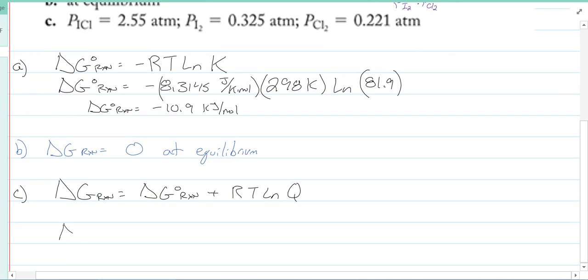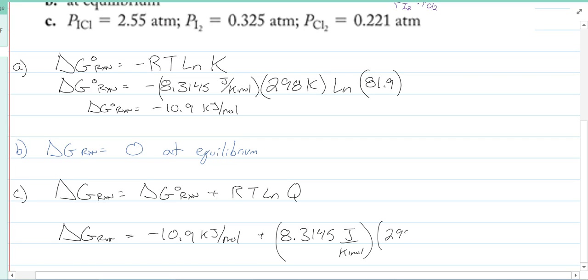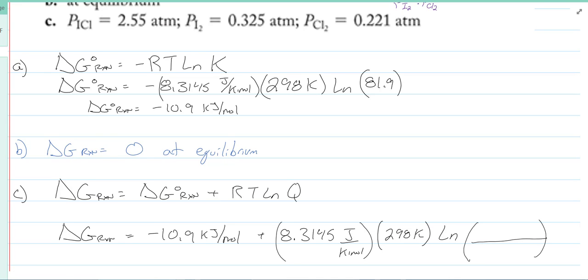We're looking for delta G of the reaction, and that'll be negative 10.9 kilojoules per mole for delta G standard, plus 8.3145 joules per Kelvin mole times our 298 Kelvin times the natural log of Q. ICl is 2.55 atmospheres, and that's squared.